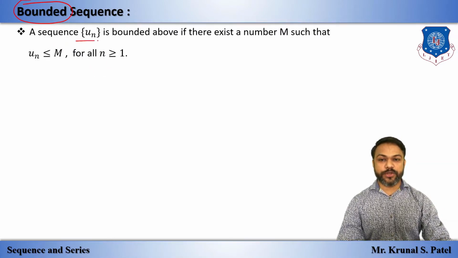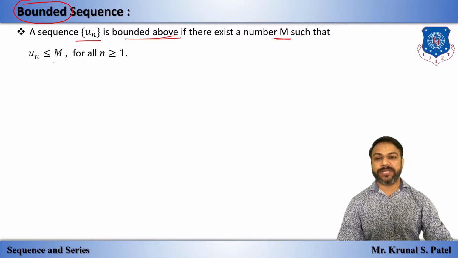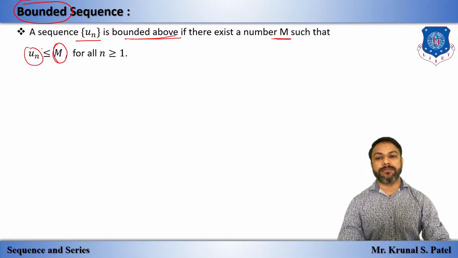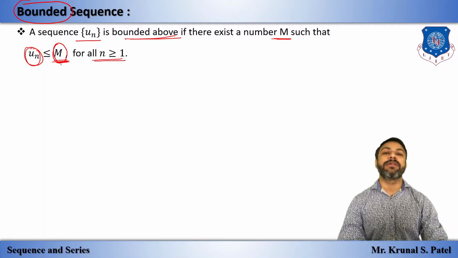A sequence un is bounded above if there exists a number capital M such that the nth term un is bounded by this particular number M. All the terms of un, that means for all n greater than or equal to 1, are less than or equal to M. Then we can say that this sequence is bounded above by M.